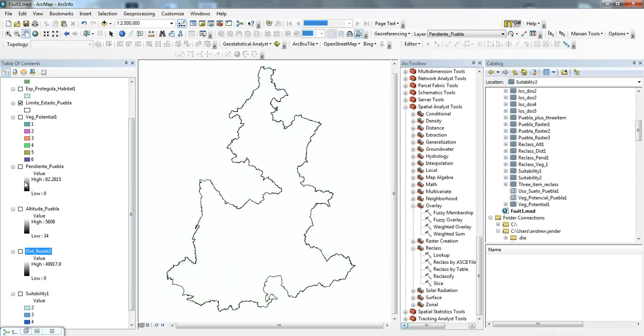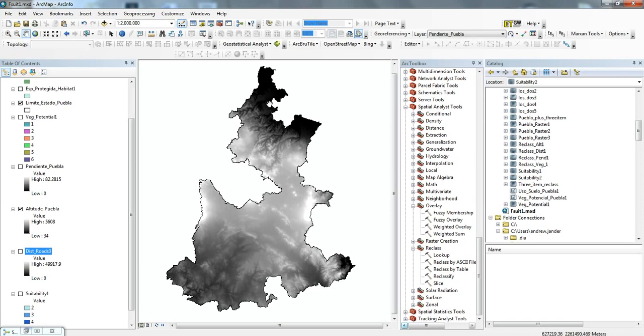We also have some other layers. One is altitude. The darker areas here signify areas of lower elevation, and the lighter to white areas signify higher elevation.